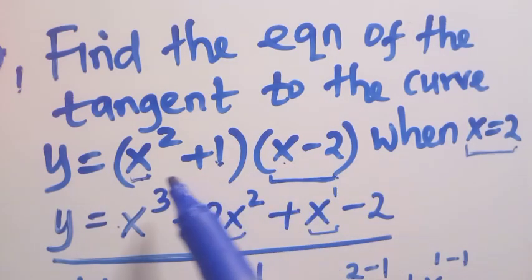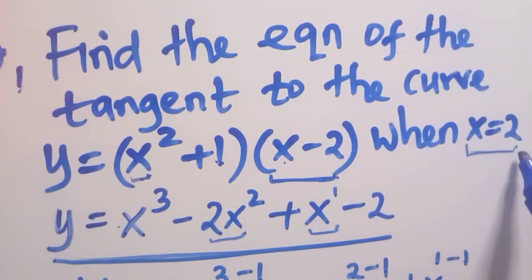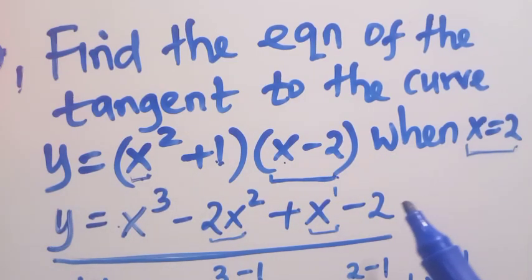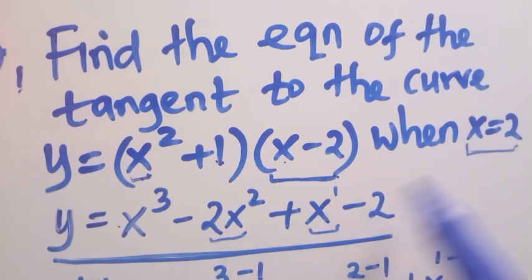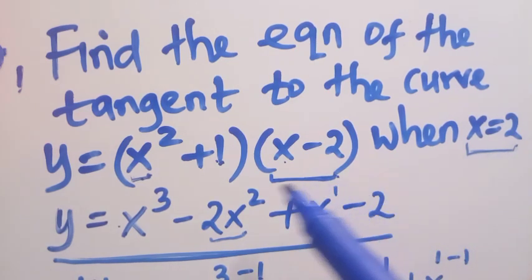We already have the value of x, and the coordinates are always in the form x, comma y. Therefore, we need to obtain the value of y.